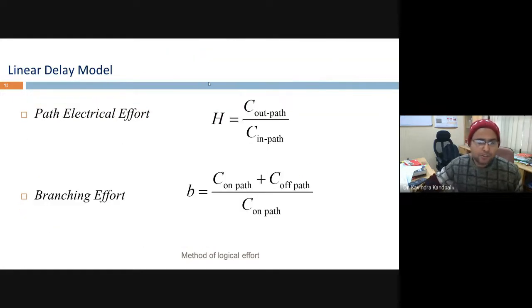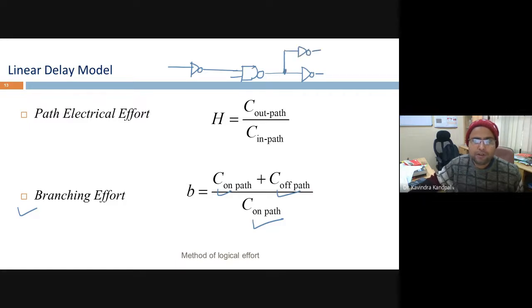Okay. So branching effort is defined as very simple: capacitance in on path plus capacitance of off path divided by capacitance in on path. For example, if an inverter is driving a NAND gate, the same way you just look at here, then it is driving another NAND gate and another inverter.